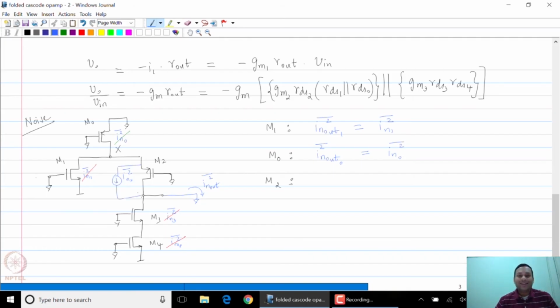Now we do not know how to analyze this really well when the current source is connected across 2 nodes of the circuit, so we'll go back to the trick that we have studied earlier. We will now split this into 2 correlated current sources.